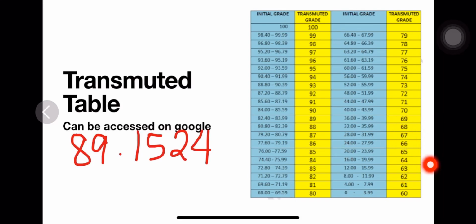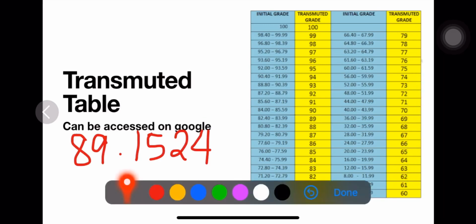I mean the lowest, not the passing rather. So the lowest grade is 60. And the passing is 75. So if your initial grade is 60, you already pass.